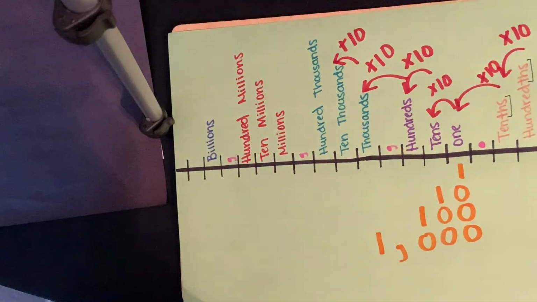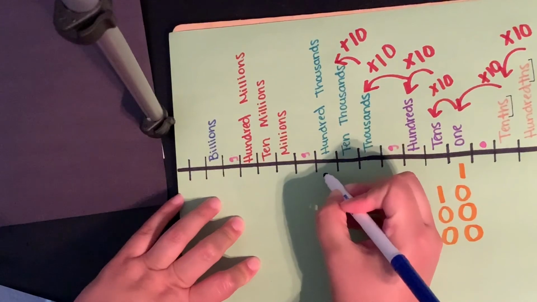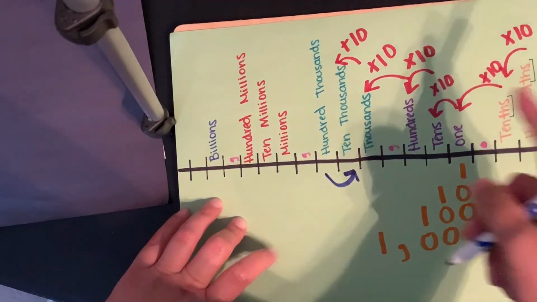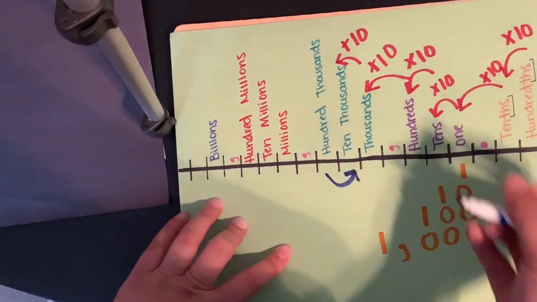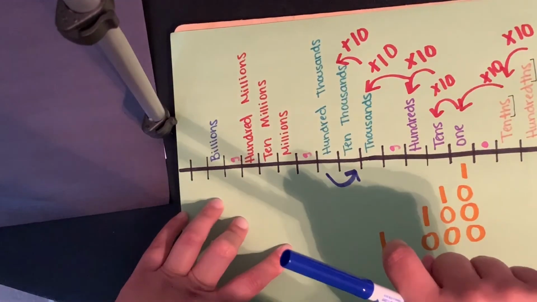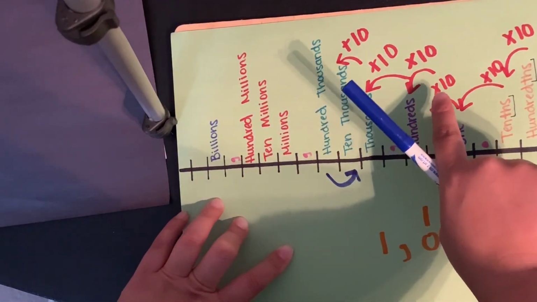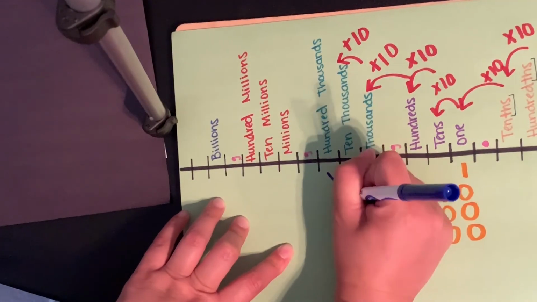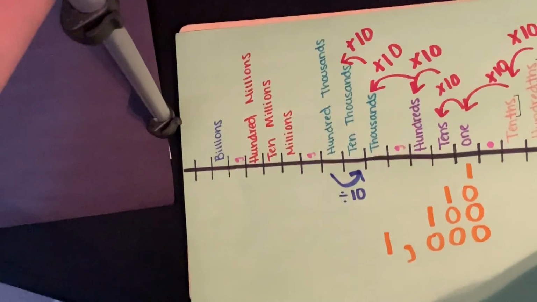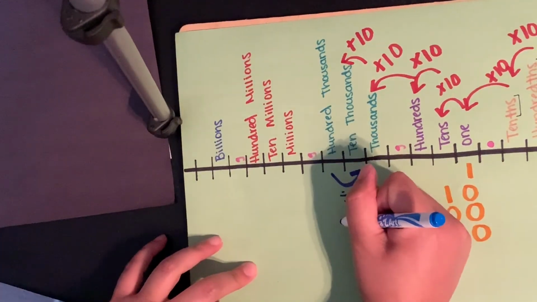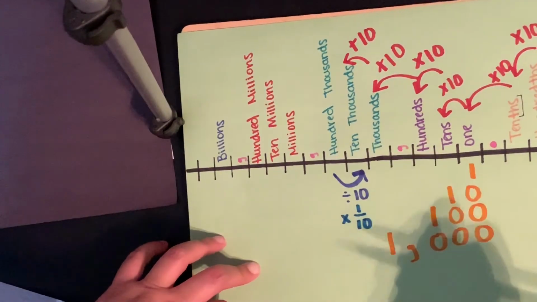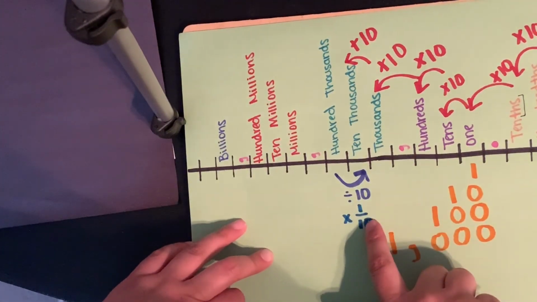If we went from 100,000s to 10,000s, well, we're doing the opposite of what we did when we did 10 times greater. So the opposite of 10 times is to divide by 10. Or you could say multiply times 1/10. Either way, it is the same.